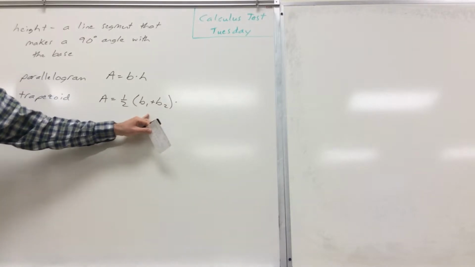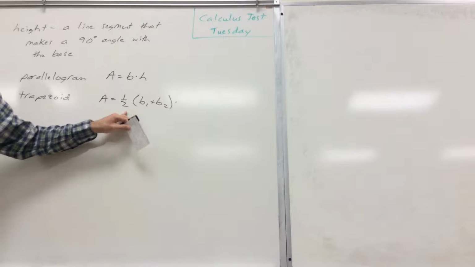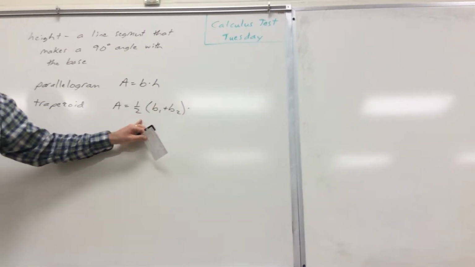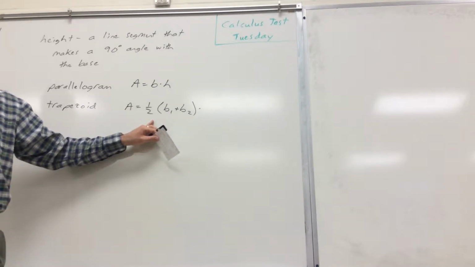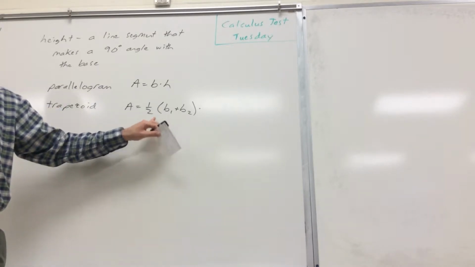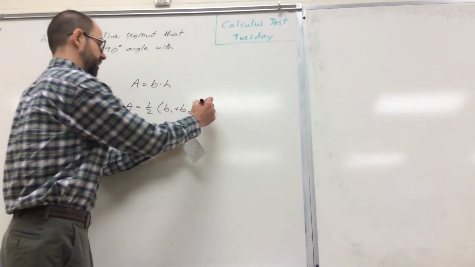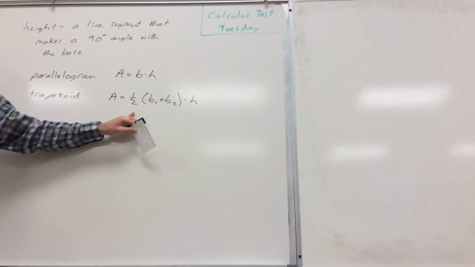Now the reason I'm pausing here is we had this formula before. We did base 1 plus base 2 divided by 2. That was called the median. So when you have the median of a trapezoid, this is how you find it. So I could be calling this the median. And then you take the median and you multiply it times the height. And that's the area of a trapezoid.